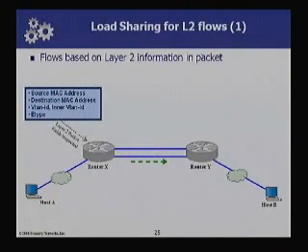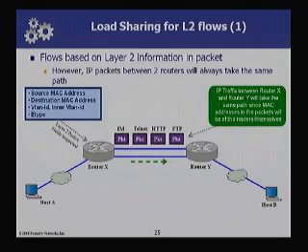Now let's look at how traffic is load shared for layer 2 flows. So for layer 2 flows, they could be based on layer 2 information in the packet, the MAC addresses, the VLANs, the ether type. However, IP packets between two routers will always take the same path because the routers, in this example router X and Y, will have the same MAC addresses for all the packets.